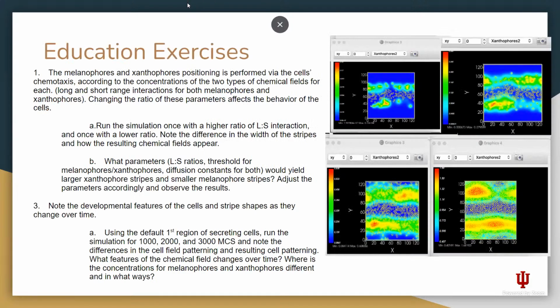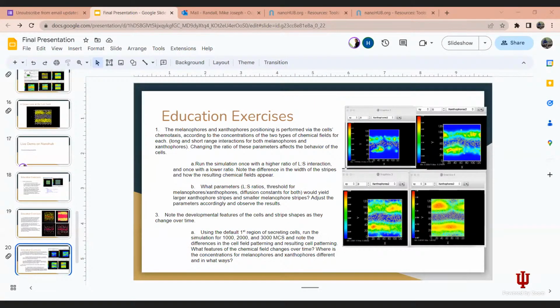All right, and then I was going to share, let me see how to do that, just a little bit of the document that I had with the exercises here. I know I mentioned this last time, but these are the different regions that we have to initially start off the simulation, and how they can create the different shapes.